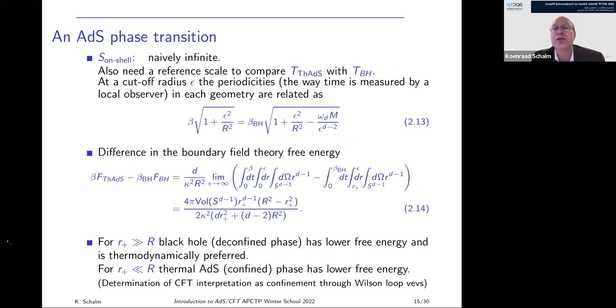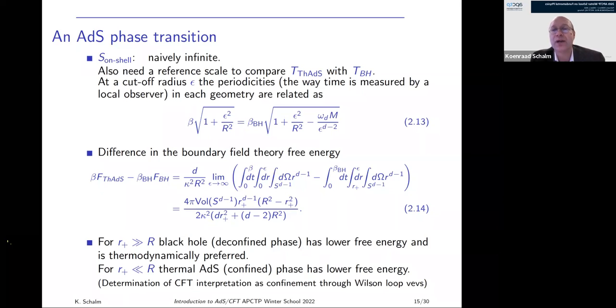thermal AdS solution, we've just periodically identified time. But we want to compare the temperature of this periodic time with the temperature of the black hole. When you compare two temperatures, to see at which temperature the free energy is larger, you need to express them in the same units.